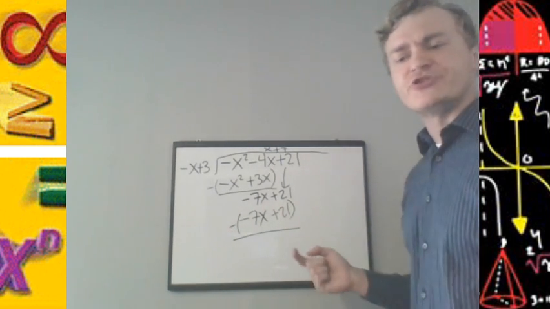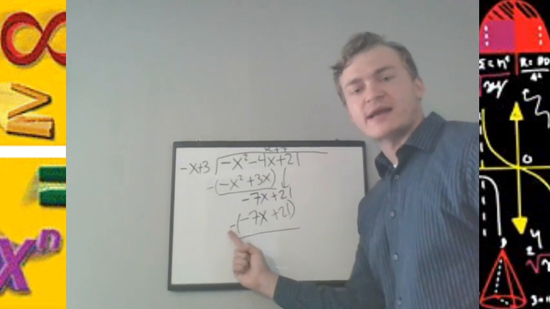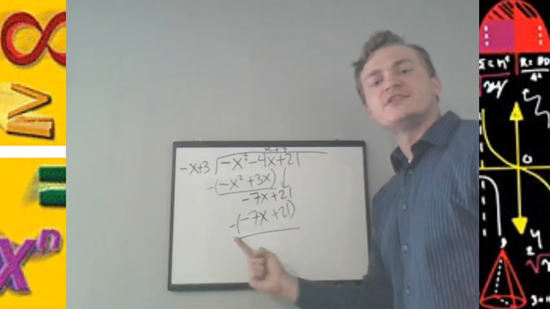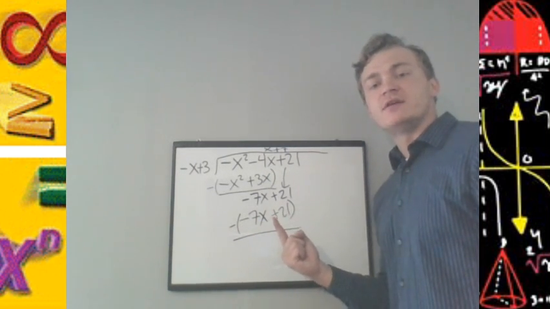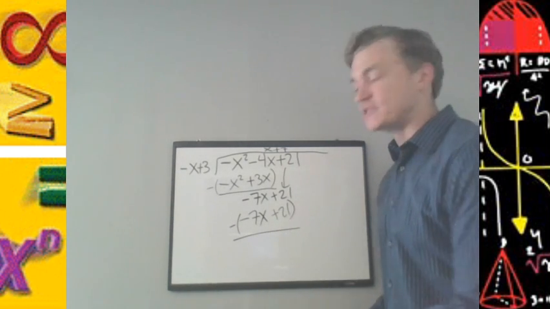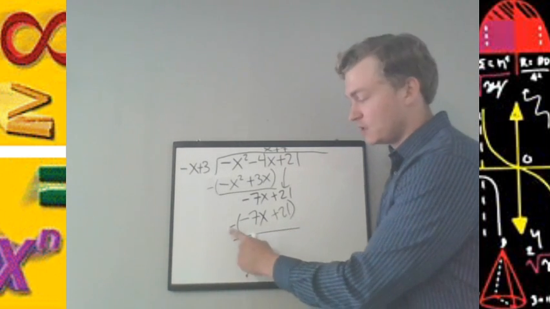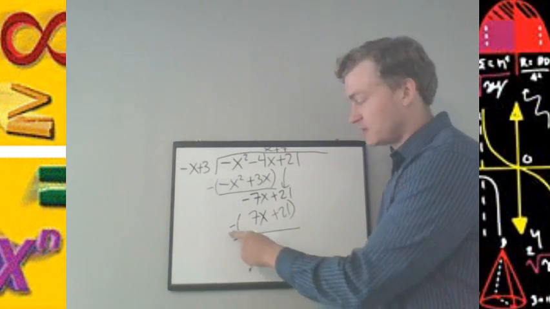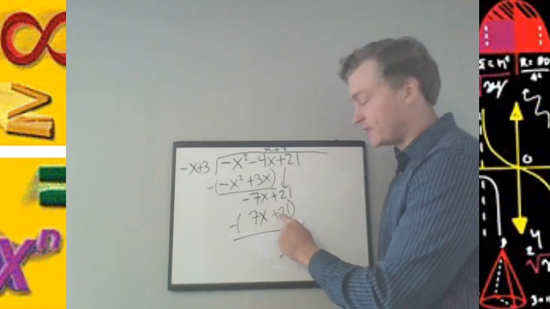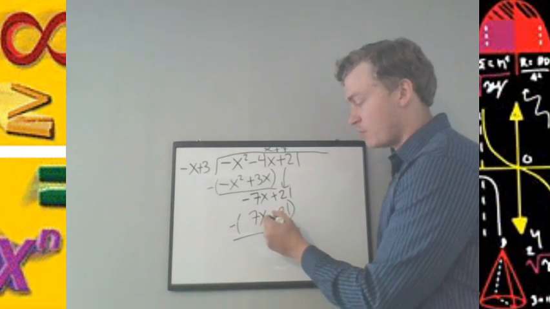And let's go ahead and distribute to see what happens. If we're subtracting this remainder here, let's distribute the negative, and by distribute the negative, we change the sign for each term in parentheses. The minus 7x, we're subtracting it, so this becomes positive 7x. Subtracting positive 21, this becomes minus 21.